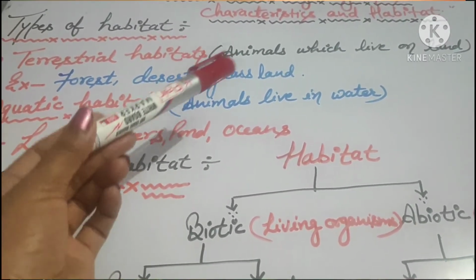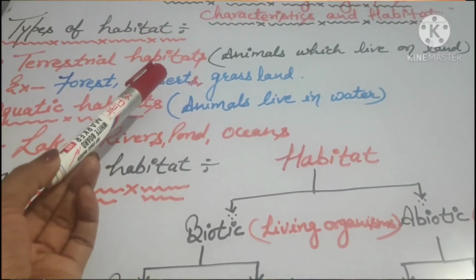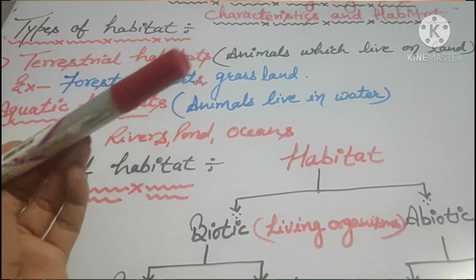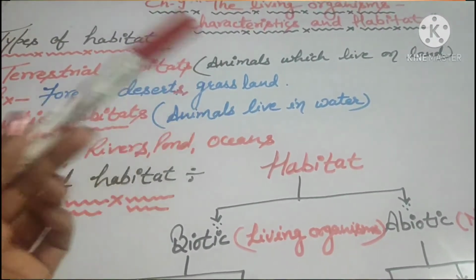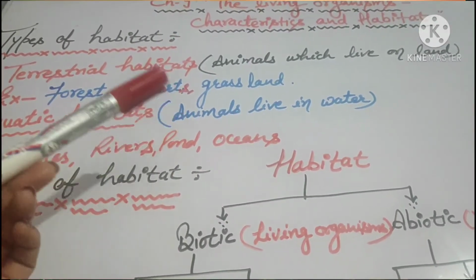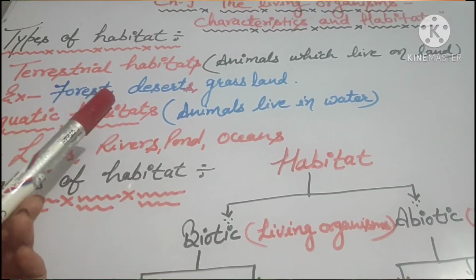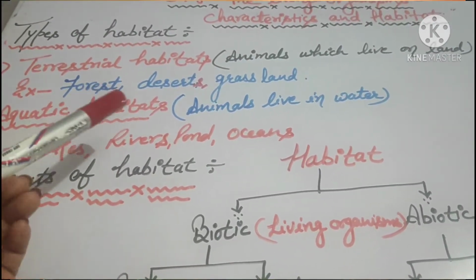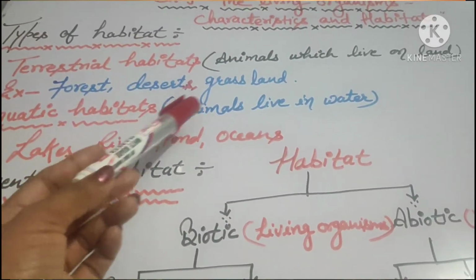In fact, the animals living on land are called terrestrial animals. For example, lion, elephant, zebra all live on the land. Some examples of terrestrial habitat are forests, deserts, and grasslands.